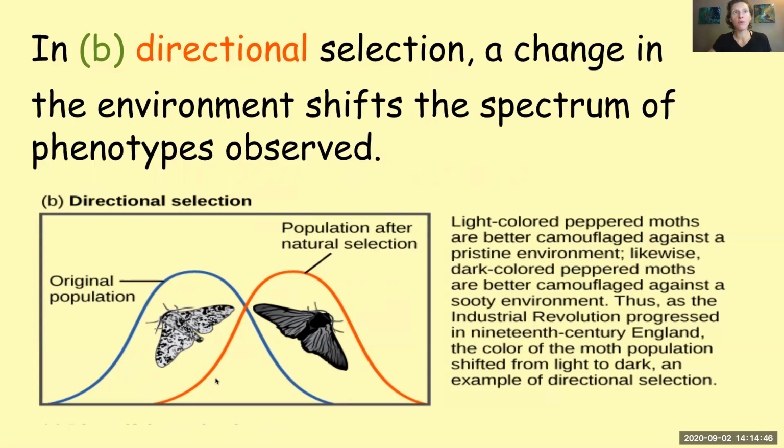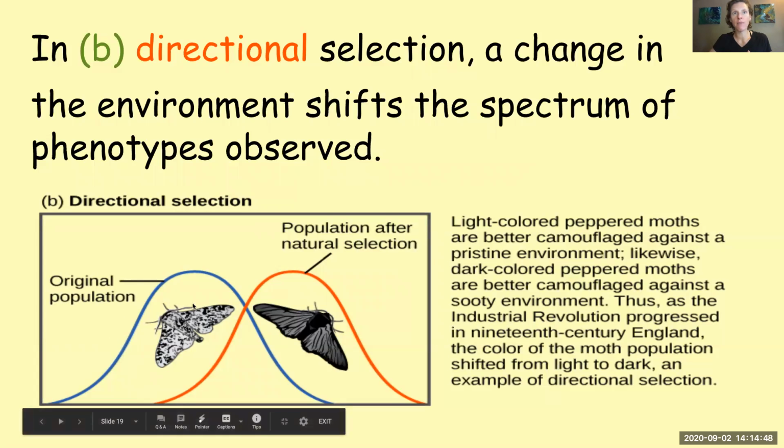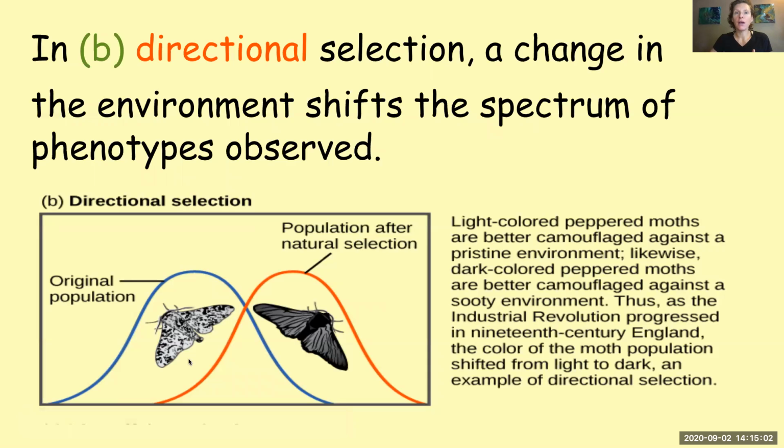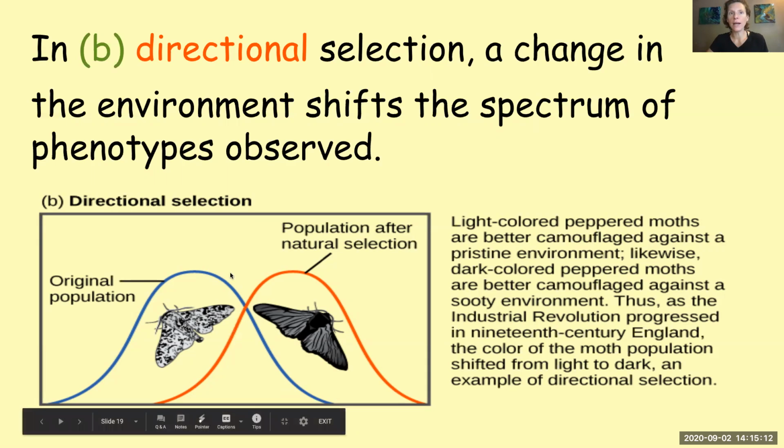In this example, the original population of the peppered moth in England was on trees that often had white bark in the surrounding environment, and they blended in pretty well. However, during the Industrial Revolution, there was a lot of coal and soot production that basically coated everything in black, and so the white moths were very easily picked off.